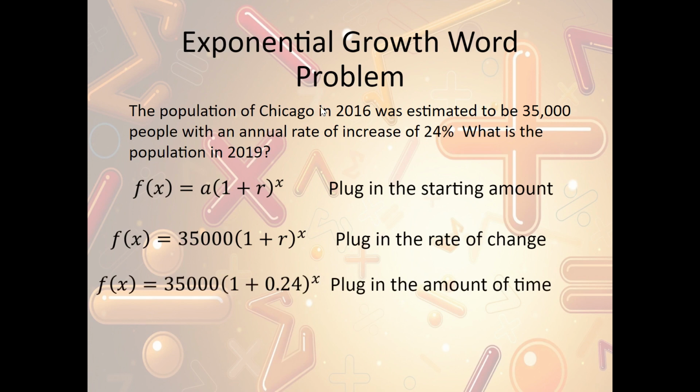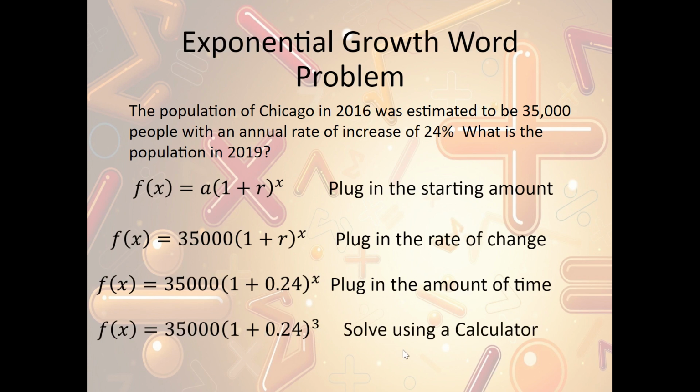The amount of time between 2016 and 2019 is 3 years. So this is f of x equals 35,000 times (1 plus 0.24) to the third power. We'll solve that using a calculator. And when we do that, we end up with 66,731.84 people. So that should be the population of Chicago in 2019.